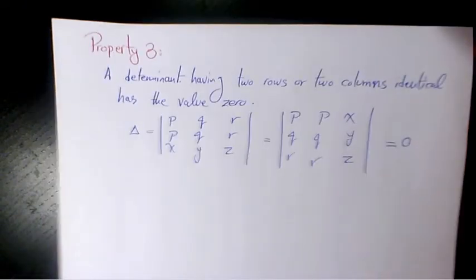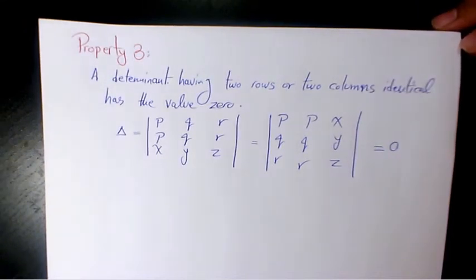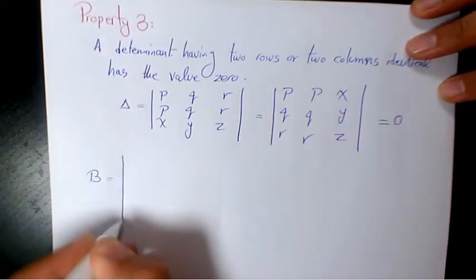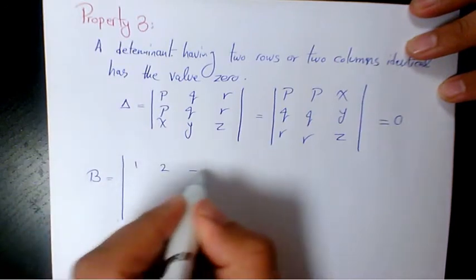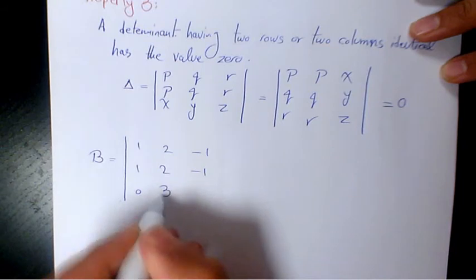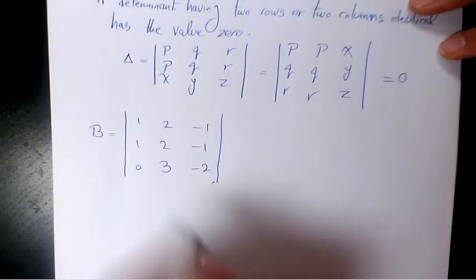Next property is saying that a determinant having two rows or two columns identical has the value 0. For example, if we have matrix B equal to 1, 2, negative 1, 1, 2, negative 1, and we have 0, 3, negative 2. Let's see the determinant.